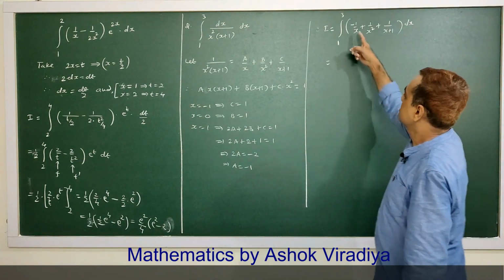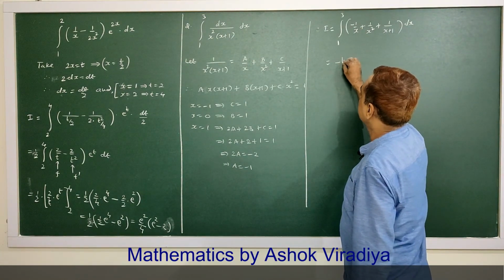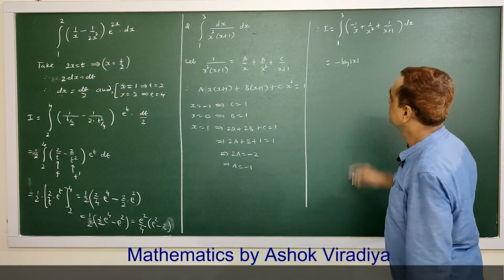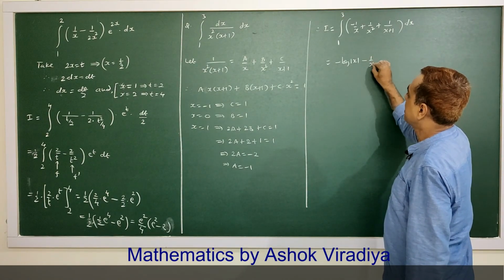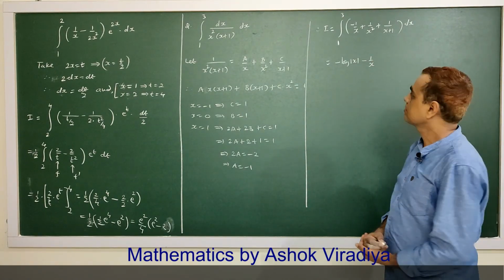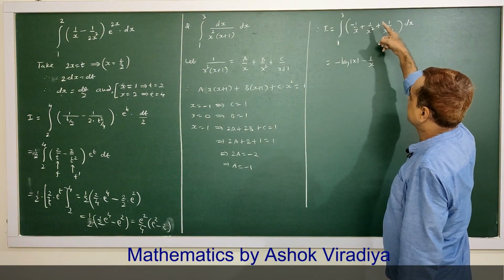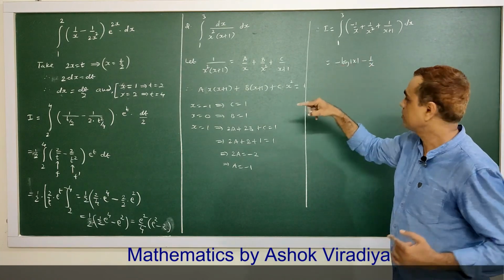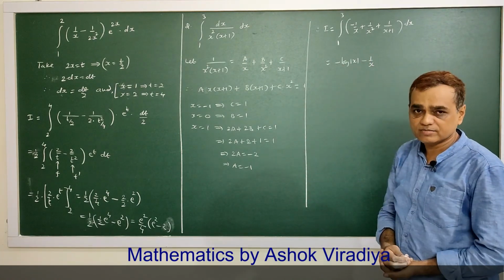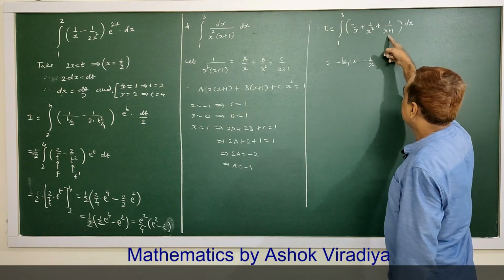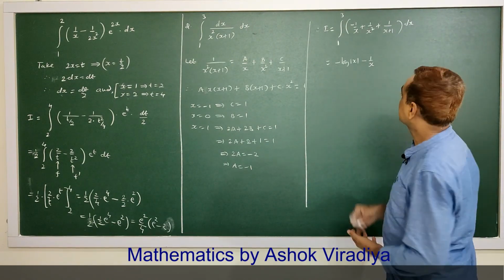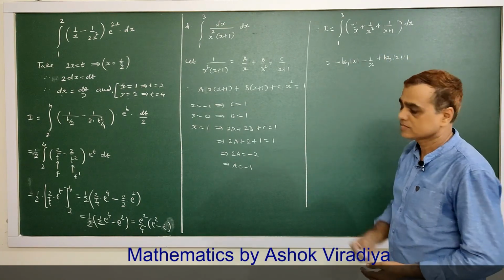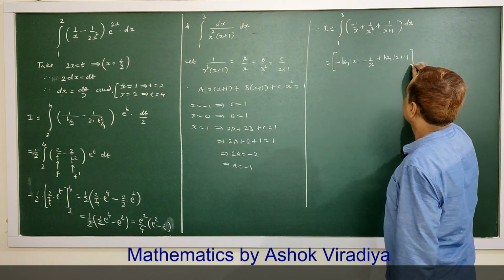Now integrals: integral of minus 1 upon x is minus log mod x. Integral of 1 by x square is minus 1 by x, x raised to minus 2, so minus 1 by x. Integral of 1 upon x plus 1 is log of modulus x plus 1. Lower limit is 1, upper limit is 3.